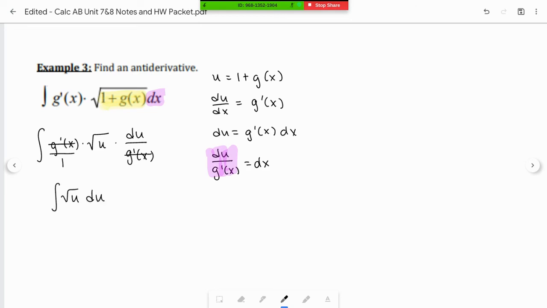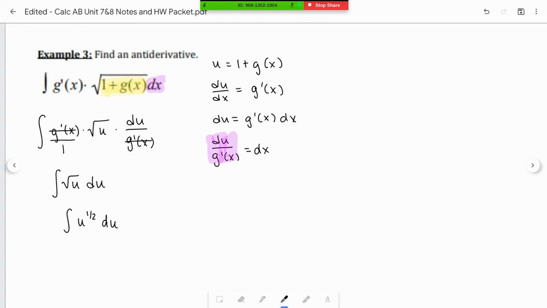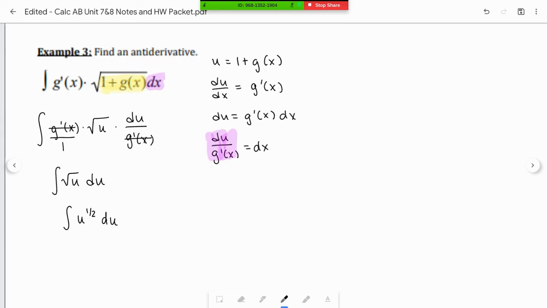And remember that it's much easier to anti-differentiate that square root of u if you write it as u to the 1/2, because when you have it written like that, you can use the reverse of your power rule, adding 1 to your exponent and then dividing by that new exponent, which would then give you 2/3 u to the 3 over 2.